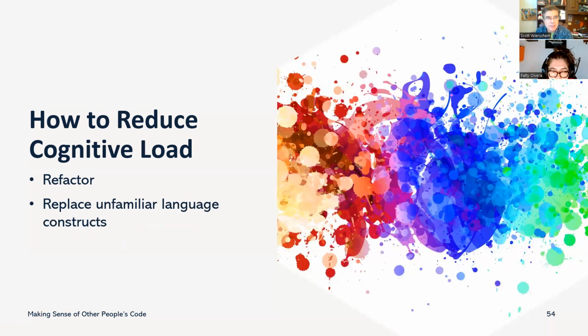Lambdas can be confusing to people who are unfamiliar with Java. So you can replace that with anonymous functions and that sort of thing. Even ternary operators, that's the if statement with the question mark, that can be confusing to read. Turn that into an if statement.